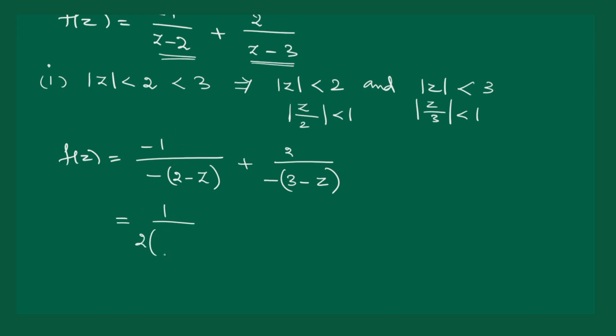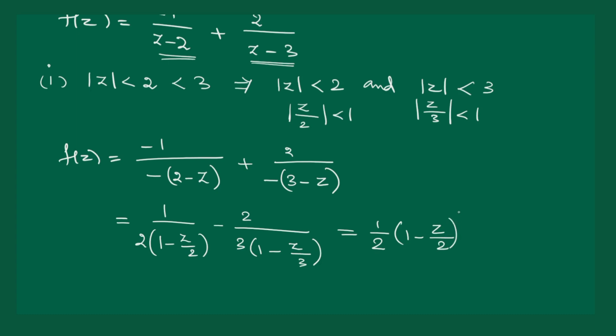Here we can take 2 outside, so this becomes 1 by 1 minus z by 2. Similarly, here we can take 3 outside and write it as 2 divided by 3 into 1 by 1 minus z by 3. Now again we can write 1 by 2 as a common term, and then we can take the denominator to the numerator as a negative power.